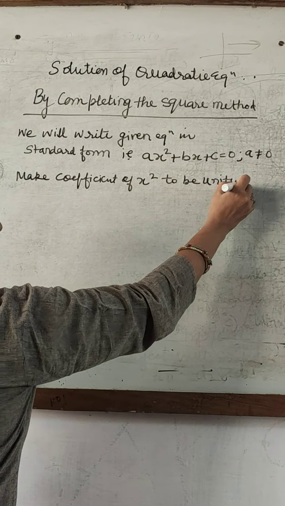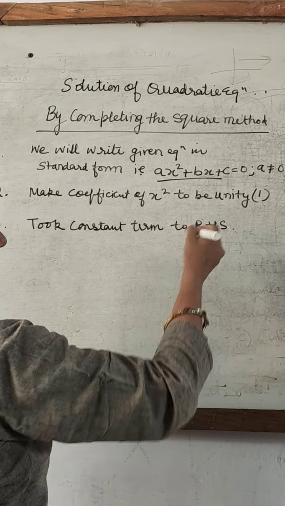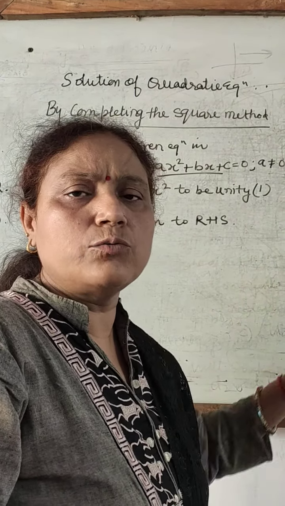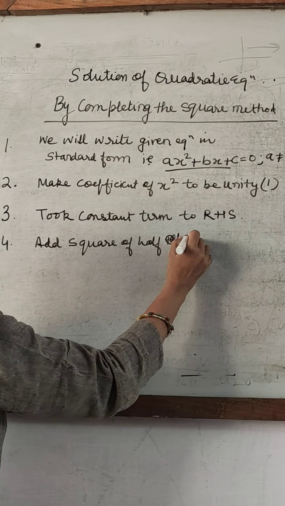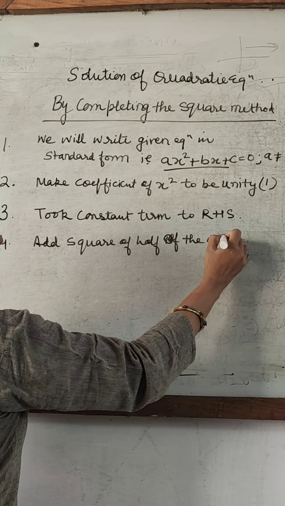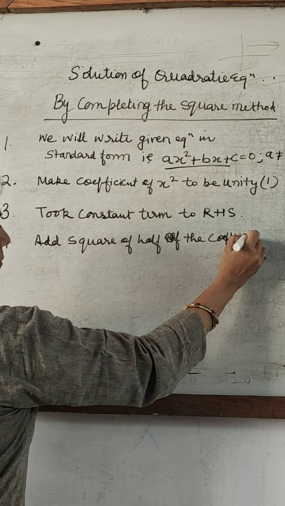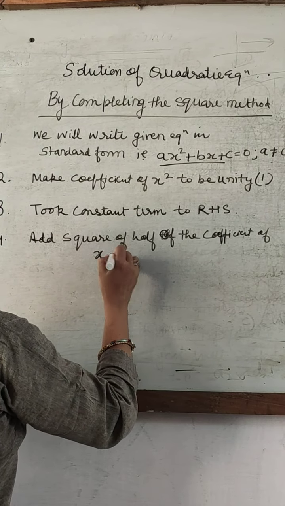Now the third step, take the constant term to RHS. Whatever constant term is there in the equation, take it to the RHS. Now the next step, add the square of half of the coefficient of x on both sides.